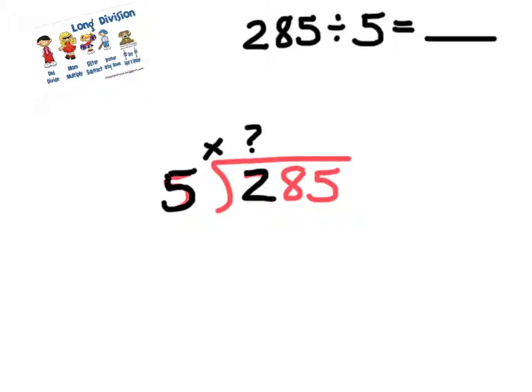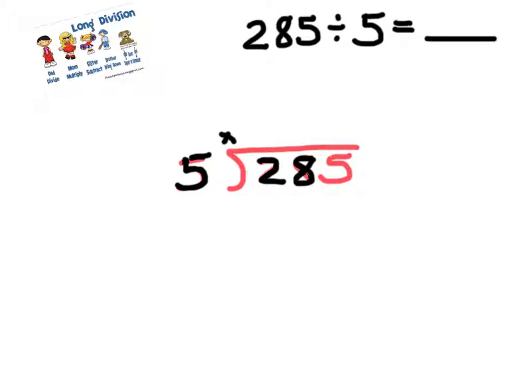Then we begin to look at the second number, the 8. We're now asking, is there anything that we can multiply by 5 to get to 28? We know that 5 times 5 equals 25.